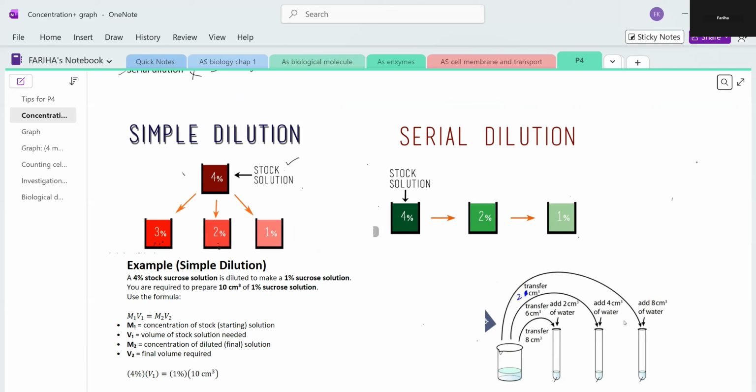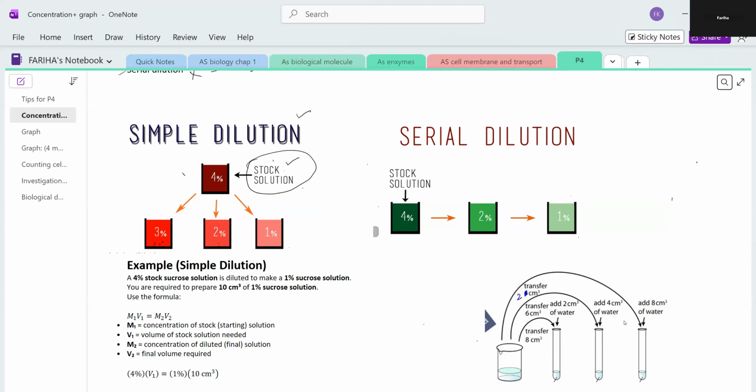We can make a 2% solution by using the same stock solution. We can make the 1% sucrose solution or salt solution or any solution by using the same stock solution. So if we are using the same stock solution in order to make any dilutions, such type of dilution is called what? Simple dilution.